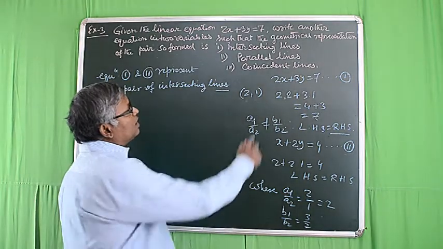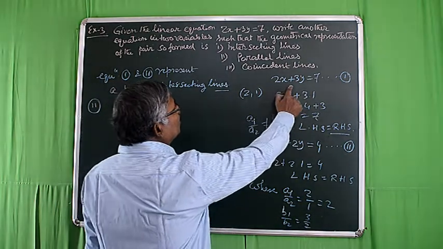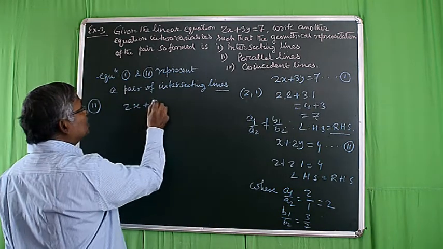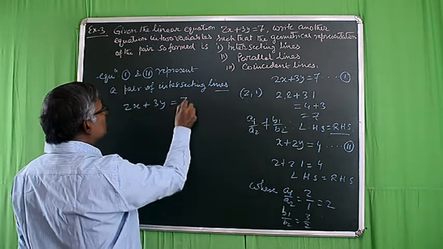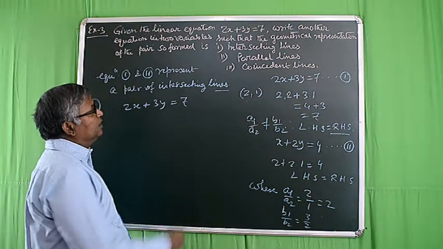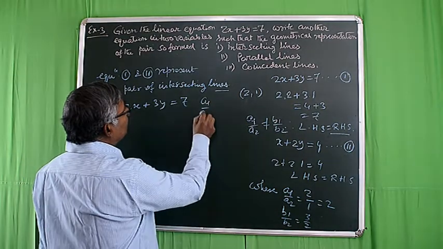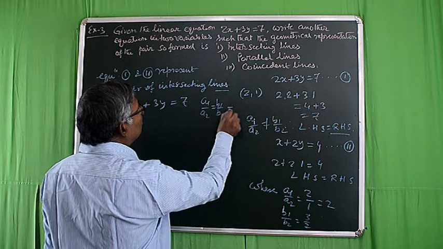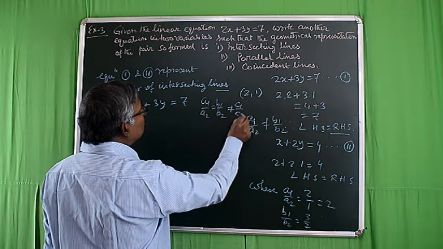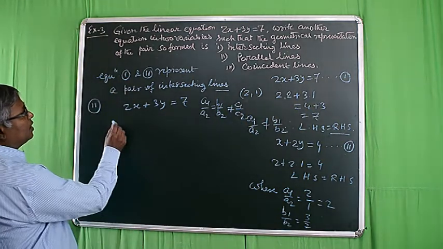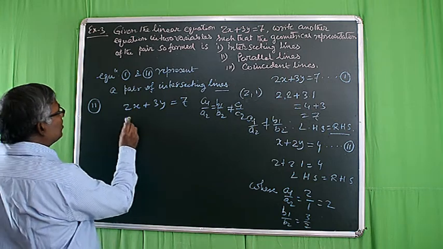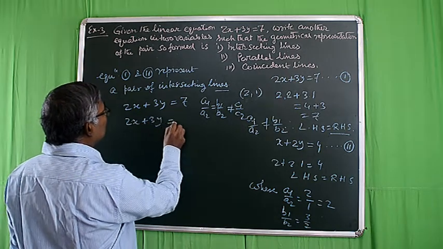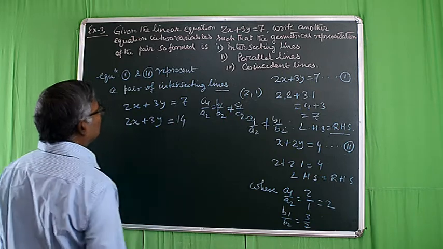Now we have to construct another equation which is parallel to 2x plus 3y equal to 7. Students, in this case a1 by a2 equal to b1 by b2 not equal to c1 by c2. So we can construct the second equation as 2x plus 3y equal to, suppose it is 14.